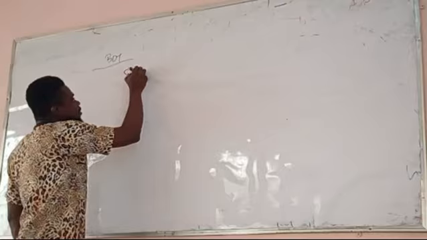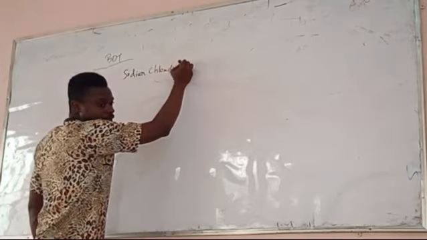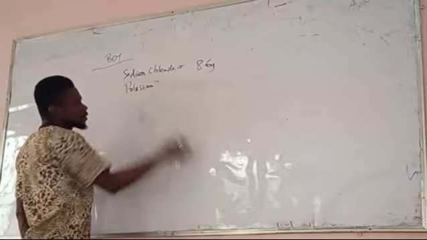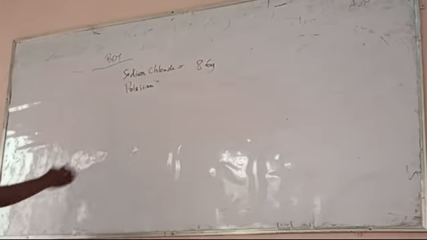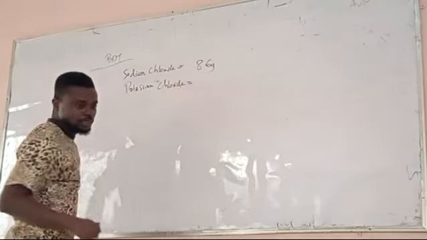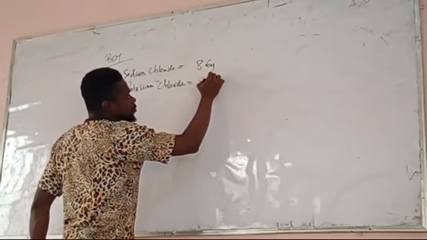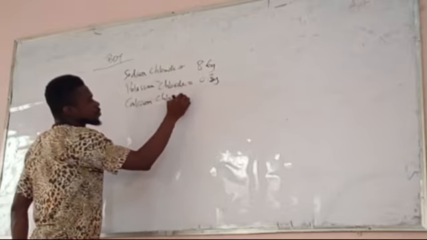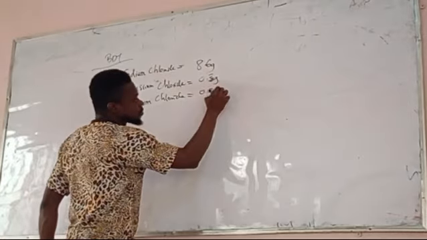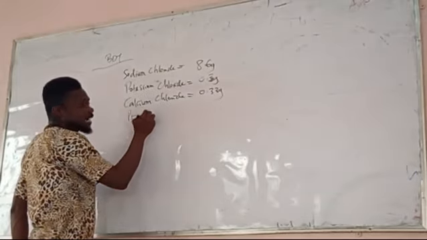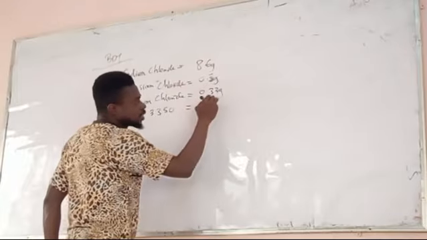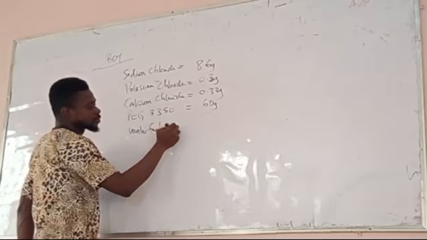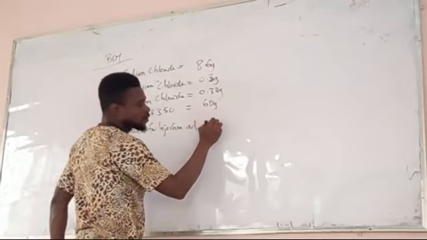Sodium chloride is 8.6 gram, potassium chloride is 0.3 gram, calcium chloride is 0.33 gram, PEG, polyethylene glycol 3350 is 60 gram. Then water for injection, add 1000 ml.